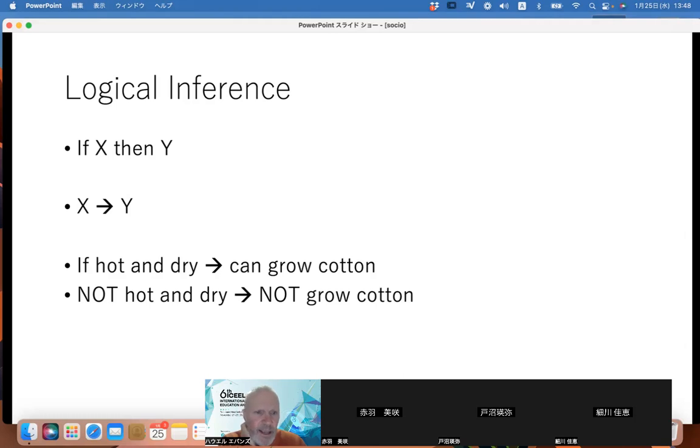So if X then Y, you can represent it like this as a mathematical formula. If it's hot and dry, then you can grow cotton. If not hot and dry, then you can't grow cotton. So it's easy to figure that out. We know what that is, and it's logical inference. It's a tool for thinking, essentially.